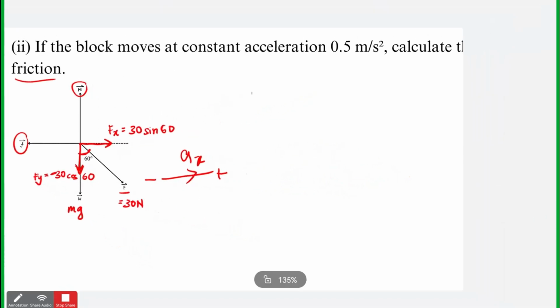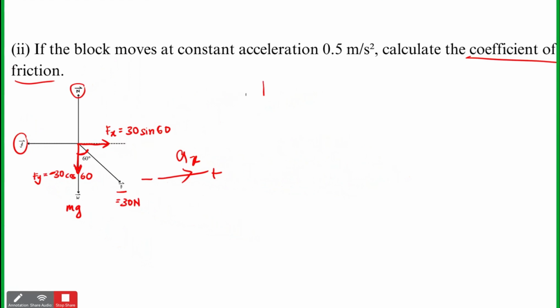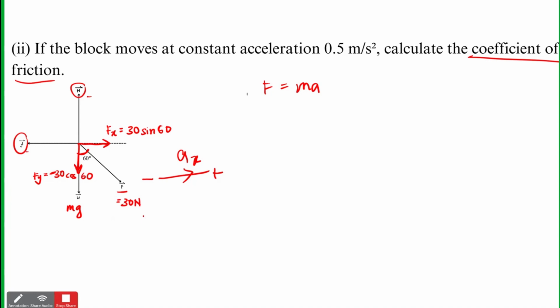By using the formula F equals ma, obtained from Newton's second law of motion, force is directly proportional to the product of mass and acceleration. We can resolve this into two components, the x component and the y component. All of the symbols in the free body diagram actually represent forces.